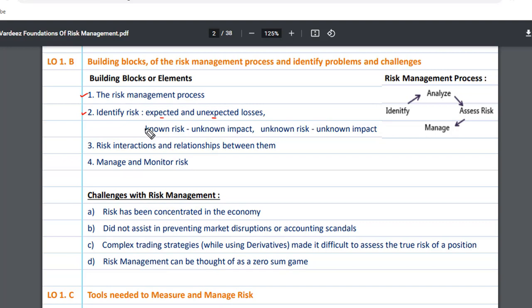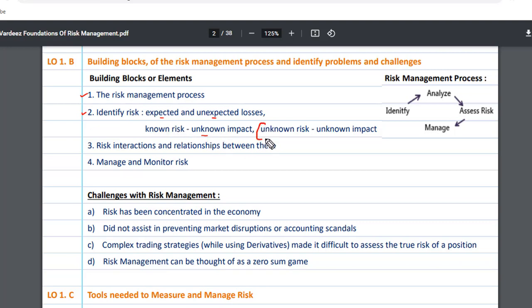There's also a third category, which is called the known risk, unknown impact. Here the major task is to find what are the known risks that affect a company. For example, a bank may have a credit risk, so that is a known risk, but something we do not know is the impact. We don't know how badly that credit risk would affect.